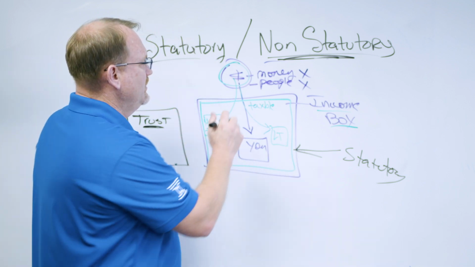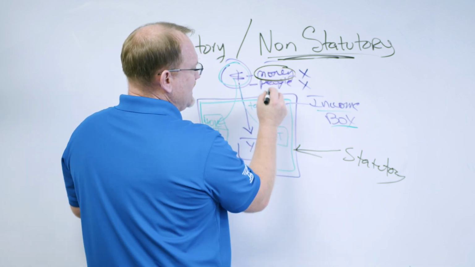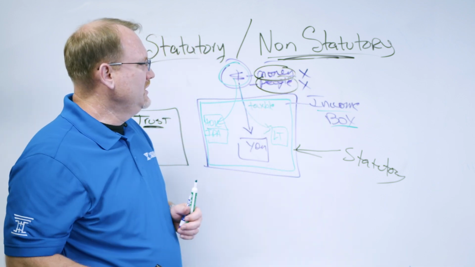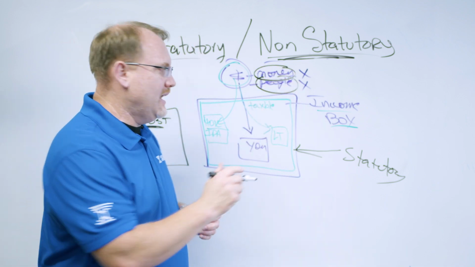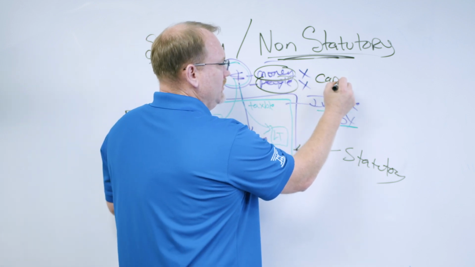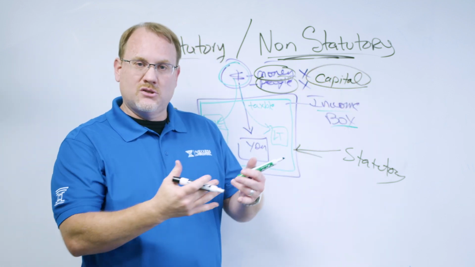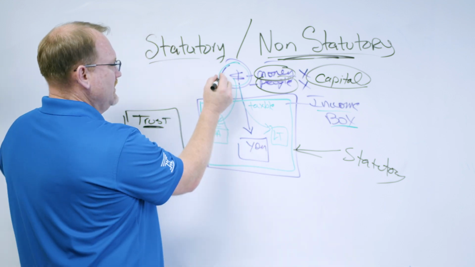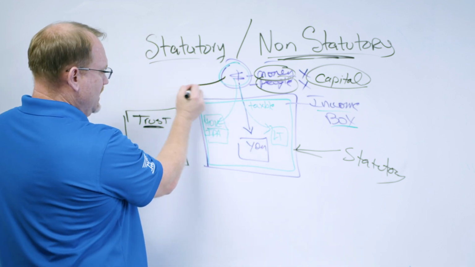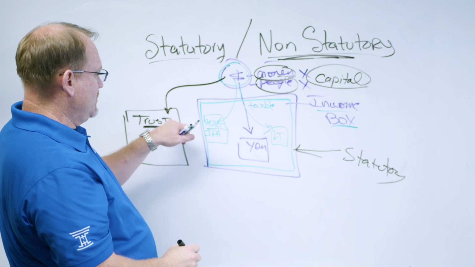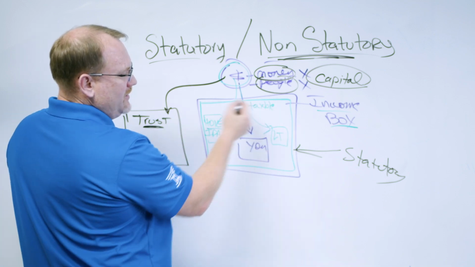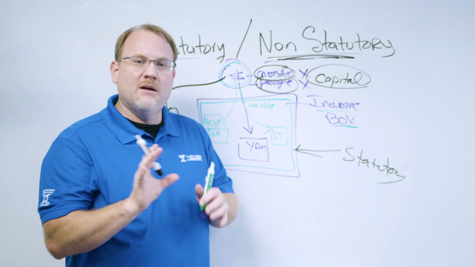And watch this. Remember I said the IRS does not tax money, it does not tax people? In fact, the IRS code calls it capital. It's just capital, it's just money. They don't tax money unless you're taking possession of it. Watch this. If money comes into this trust, it hasn't come into the green box yet. It hasn't become income yet.